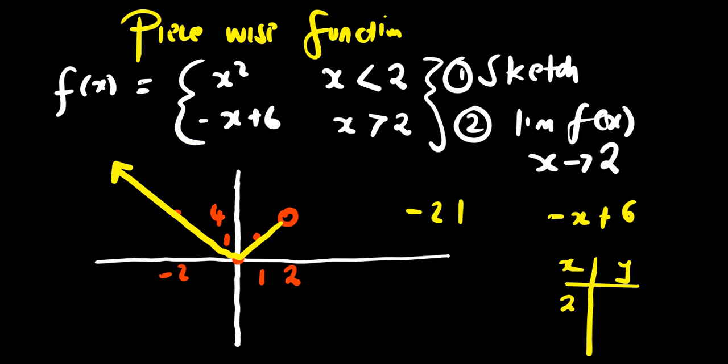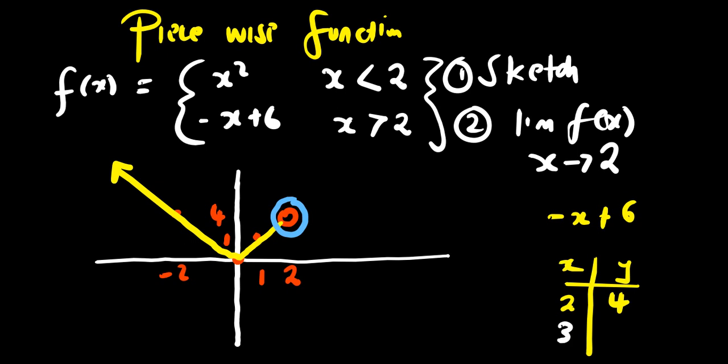Negative 2 plus 6 will just give us a 4. So the point 2 comma 4, which is the same area. But now, am I going to shade this or not? I'm not going to shade it because x is just greater than 2, meaning 2 is not included. I'm going to also put a circle here. Now let me come to another number that is greater than 2.